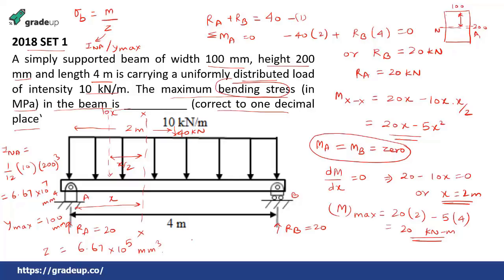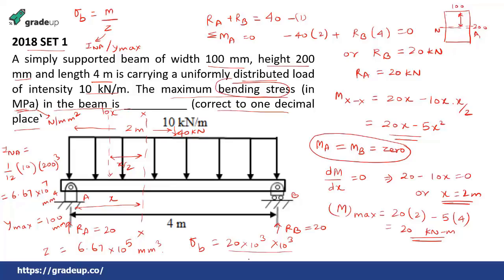Now just substituting the value, sigma B, M is this much, 20, but you have to change the value because it is asking in megapascal. Megapascal means Newton per mm square. So converting the values into Newton and mm: 20 into 10 to the power 3, converting kilonewton into Newton, and 10 to the power 3, converting meter into mm.